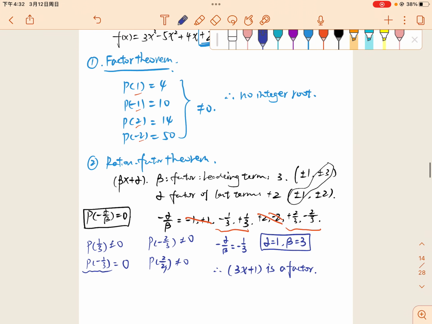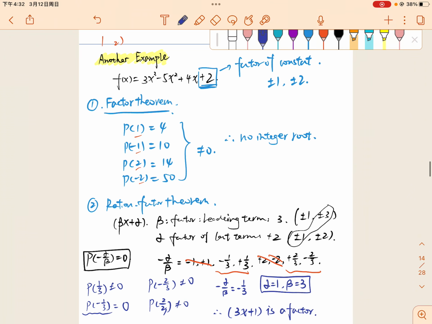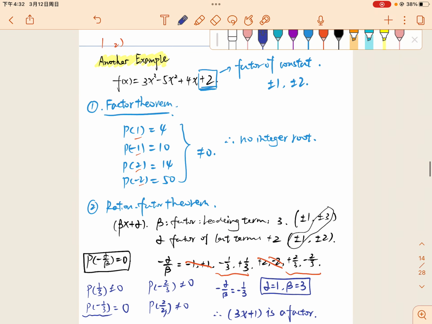Okay, and then you continue using the long division method that we did in class. I'm not going to completely do that. So what you will have in the end is P(x) equal to 3x plus 1 times x squared minus 2x plus 2. Okay, and that's for our rational root theorem.